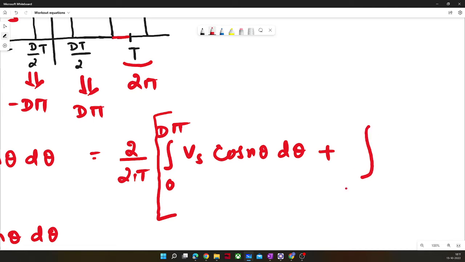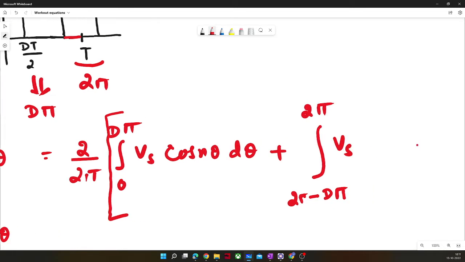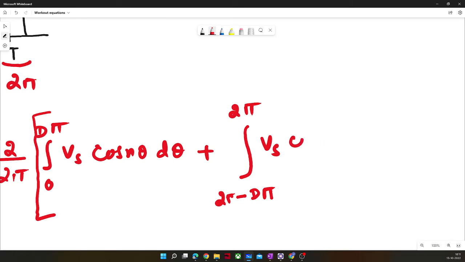So 2 pi minus d pi to 2 pi, because we are dealing in terms of angle, again Vs cos n theta d theta. Okay, so I hope it is fine till now.